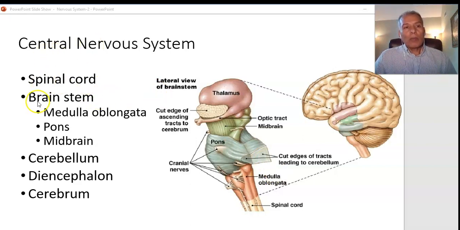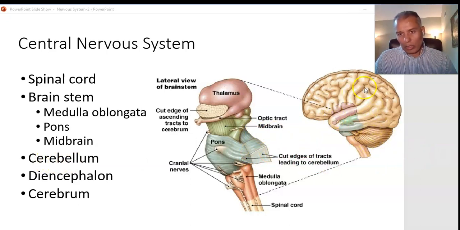So there are 5 major structures of the central nervous system. First is the spinal cord. Then the brain stem. The brain stem is these 3 components: the medulla oblongata, the pons, and the midbrain. Then we have the cerebellum, which lies behind the brain.